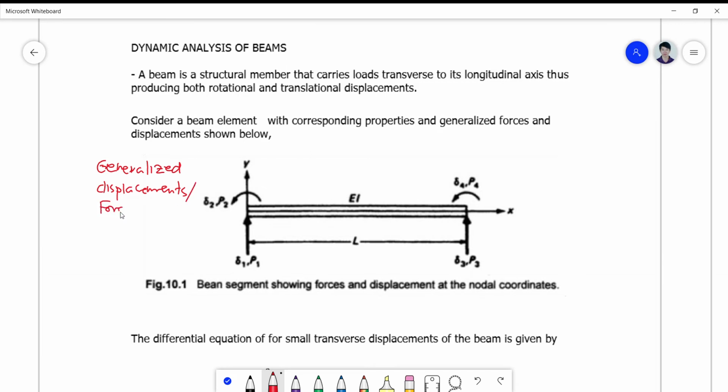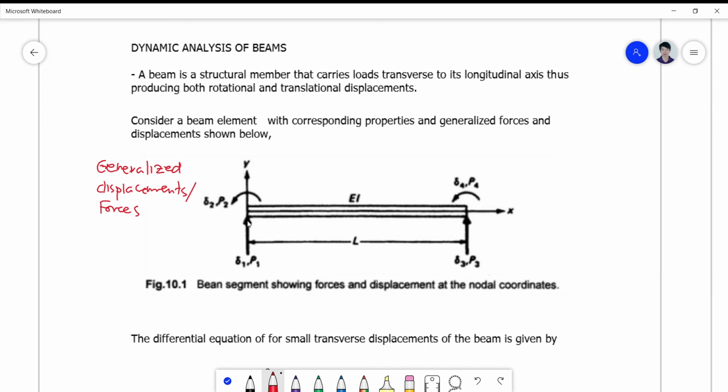So the term generalized means that they are assumed to be consistent in terms of translational and rotational systems.